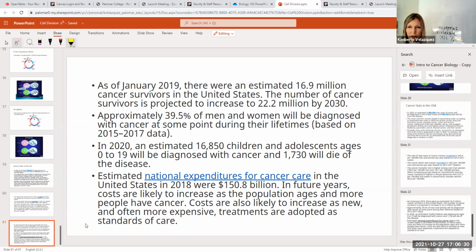Cancer survivors are increasing. The way we treat cancer today is so different from how we used to for most cancers.